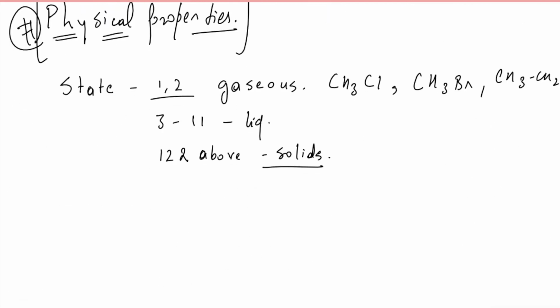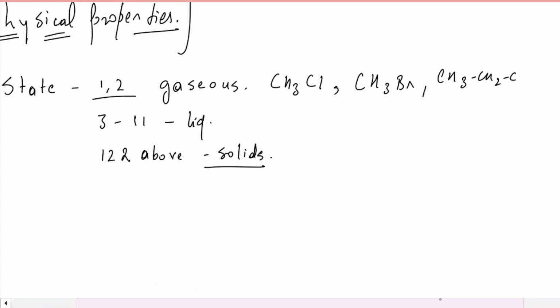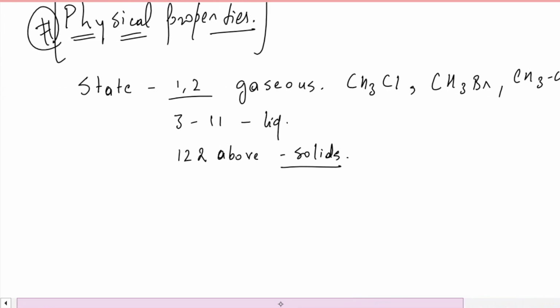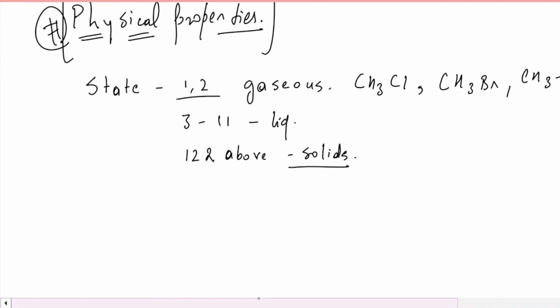These three compounds are gaseous in nature, that we have to remember. Compounds having 3 to 11 carbons are liquid, and 12 and above are solids. These are specifically mentioned in the NCERT textbook, that's why we have to remember them.